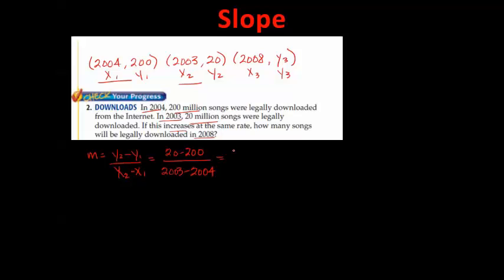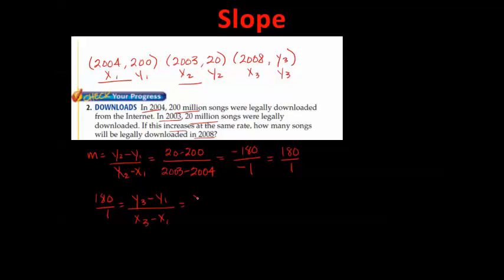So I end up with a negative 180 over a negative 1, and we know that two negatives make it positive. So now I know my slope. So I'm going to take my slope and set it equal, and I'm just changing the 3 to a 2 there, just so that way y'all can see how I'm using the 2008 information.